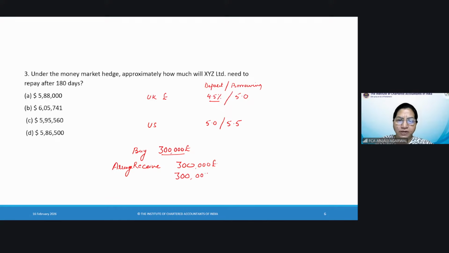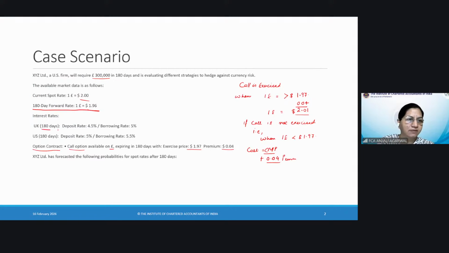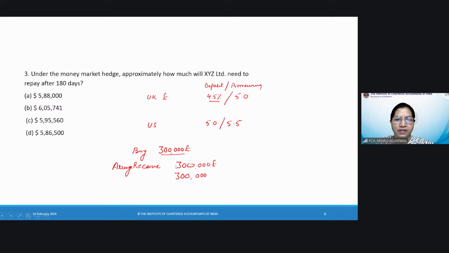Now, one important fact here is that the rate of interest is given for 180 days. Okay. If this was given per annum, we could have divided by 2. But if we assume it to be for exactly 180 days, then we will use 300,000 divided by 1.045.